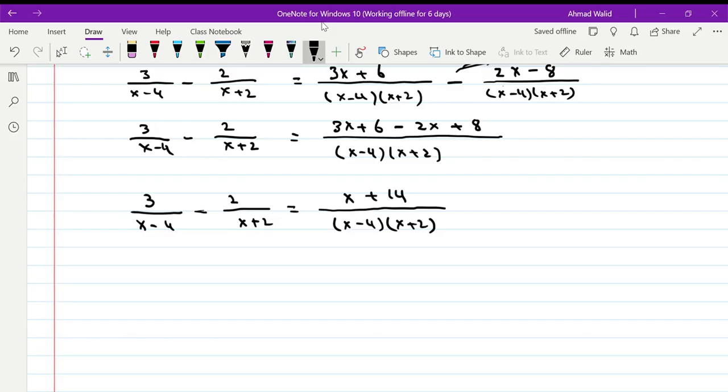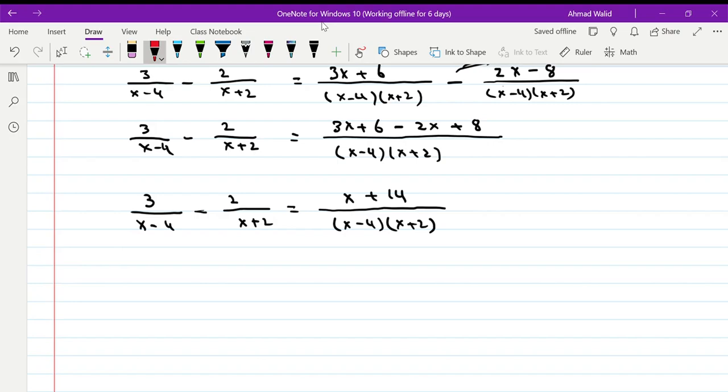Now, what is the idea behind partial fractions decomposition? Actually, the opposite procedure. The opposite procedure, we call it decomposition.